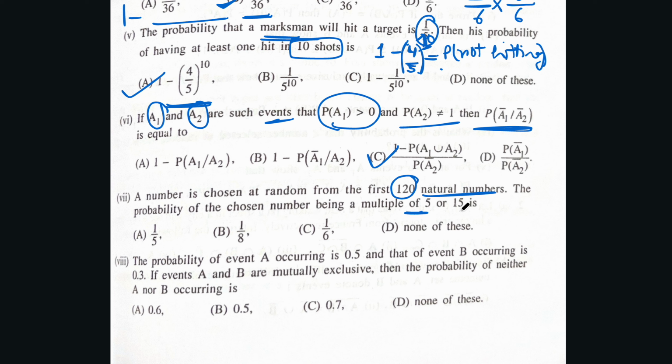Okay, a number being chosen at random from first 120 natural numbers. The probability that the number is a multiple of 5 or 15 would be, we are also putting a union. So I can put basically 15, 30, wait.